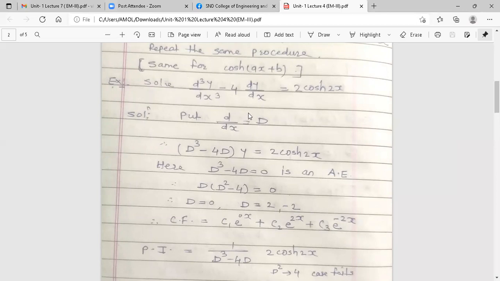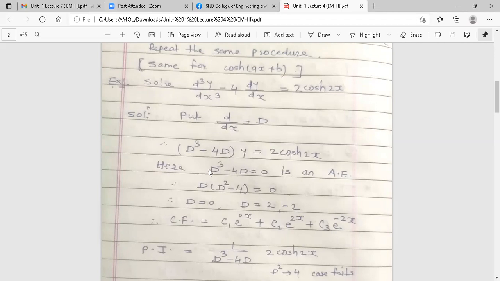So your LHS reduces to D cube, minus 4 as it is, d by dx is D, so replace it by D. Now in both terms y is common, so you take it common, is equal to the RHS as it is, 2 cos 2x.